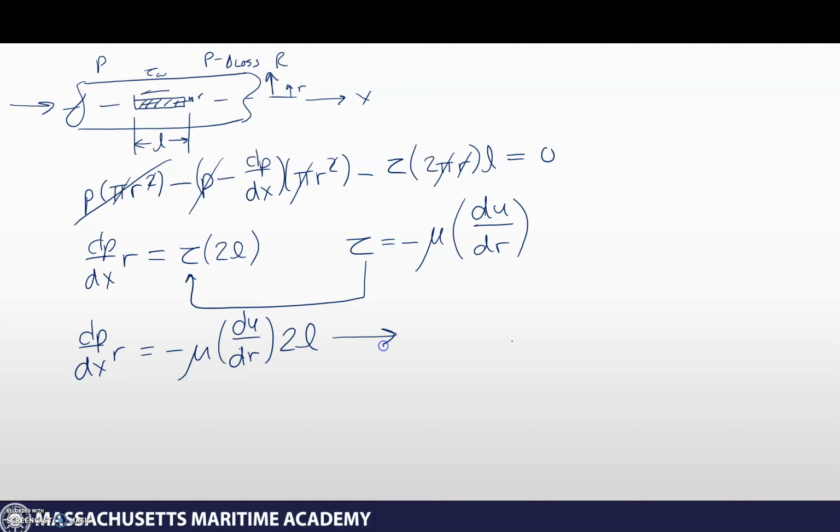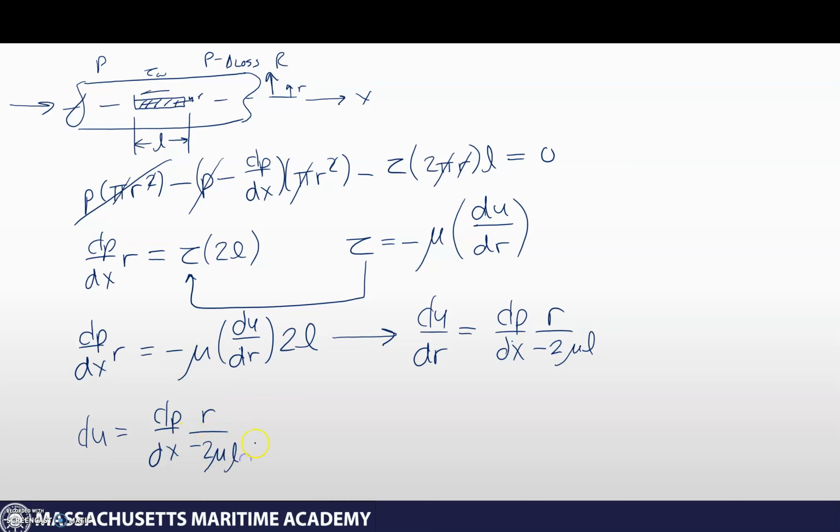And so we'll isolate out du dr. du dr is going to be equal to dp dx, which is my pressure loss across the system, times r divided by negative 2 mu L. If I separate the variables out, du is equal to dp dx r over negative 2 mu L times dr.